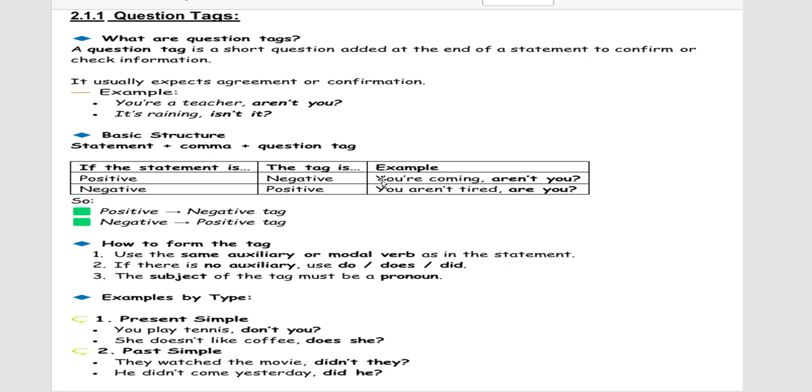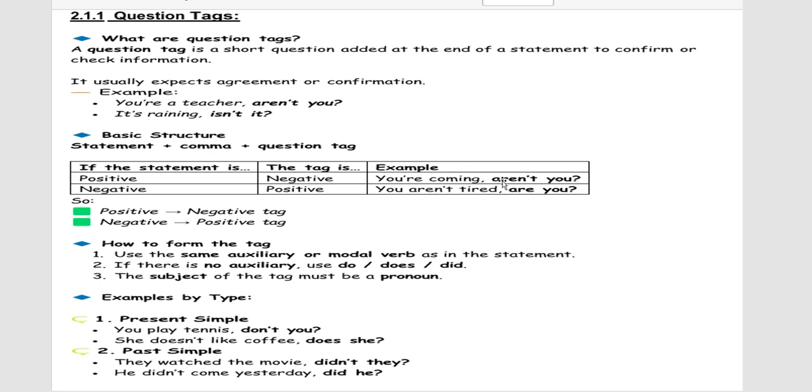In this sentence, it is given: you are coming. It is a positive statement because the word not is not used and the helping verb are has been used. Therefore, while making a question tag, we will use the same helping verb which is given in the sentence here.